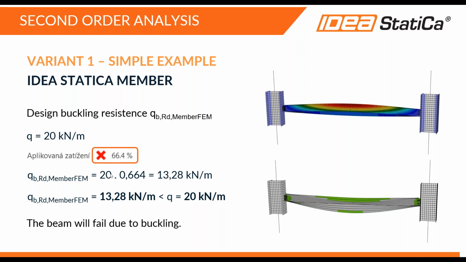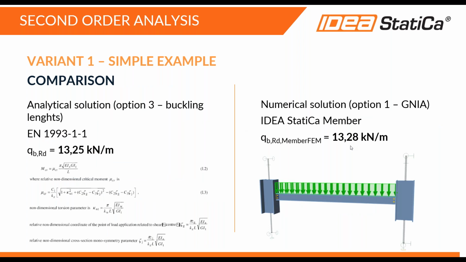If I multiply it by these 20 kilonewtons per meter, I get this value, which represents the resistance or the capacity of the beam in terms of linear load, right? You can notice here this percentage is slightly different. It's because I probably didn't match the design of the connection perfectly. I probably chose a different position of bolts or something.